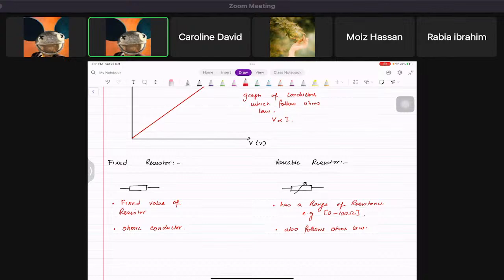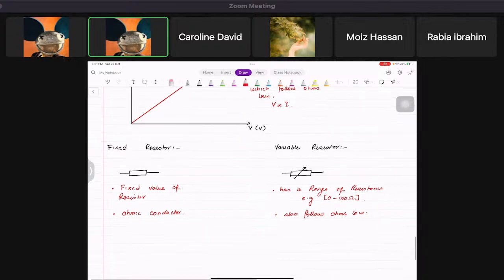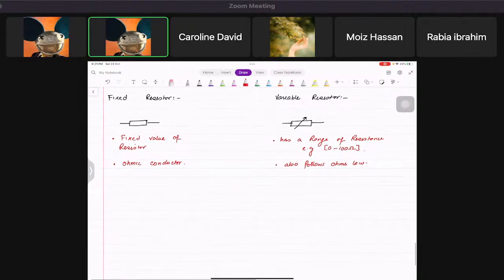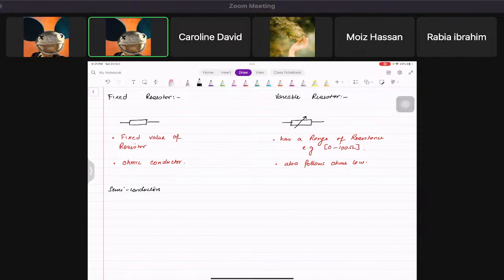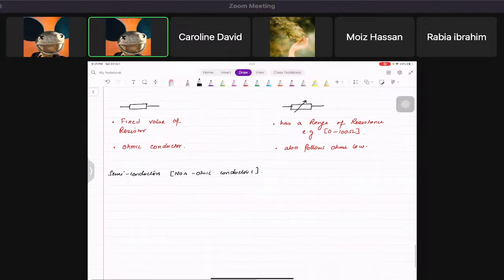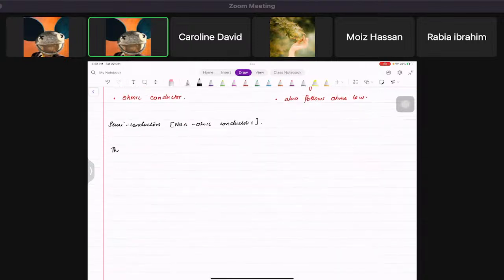All right, now we also have some semiconductors, and they are non-ohmic conductors, which means they do not follow Ohm's law. So let's talk about them. The first one is the thermistor. A thermistor is like this, and it has some special properties.